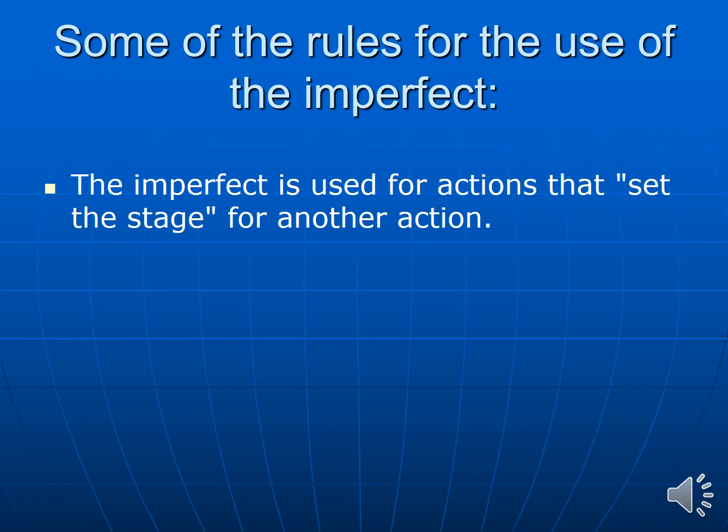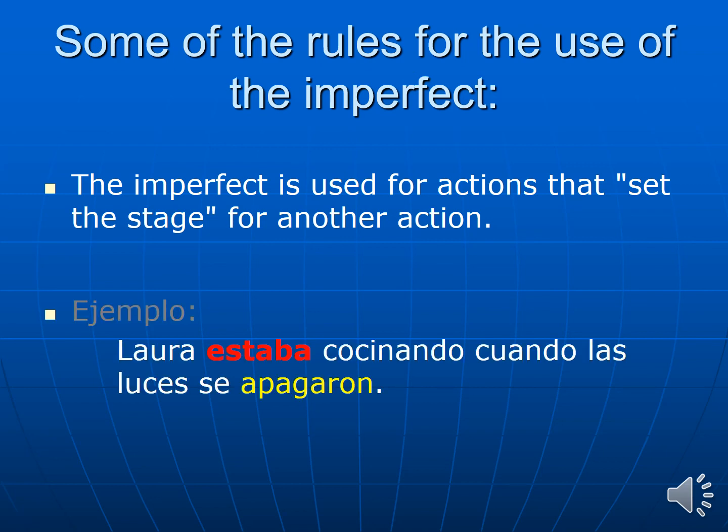Another rule for the past tense is the imperfect is used for actions that set the stage for another action. For example, Laura estaba cocinando cuando las luces se apagaron. She was cooking. She was doing this when something interrupted her cooking. The lights turned off.